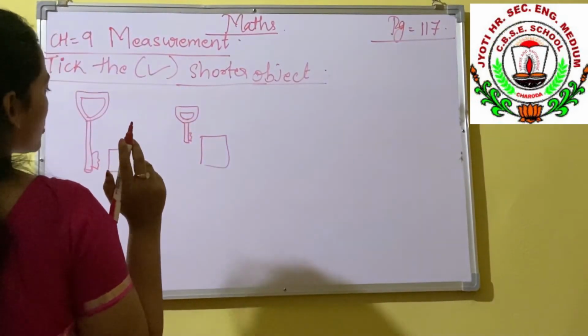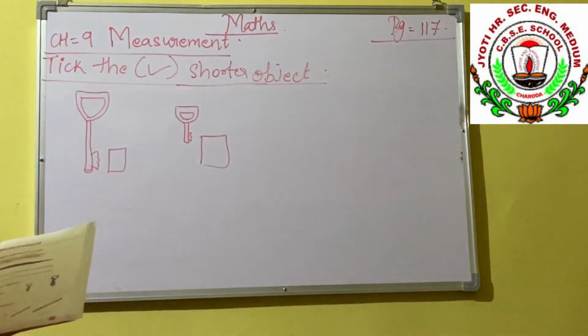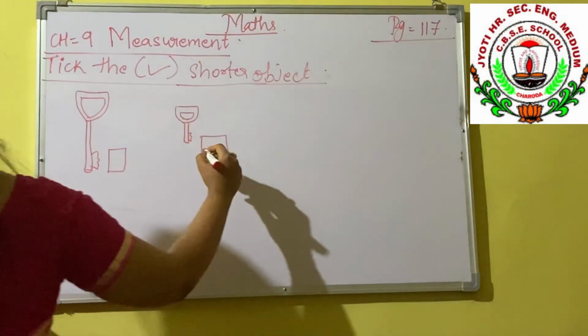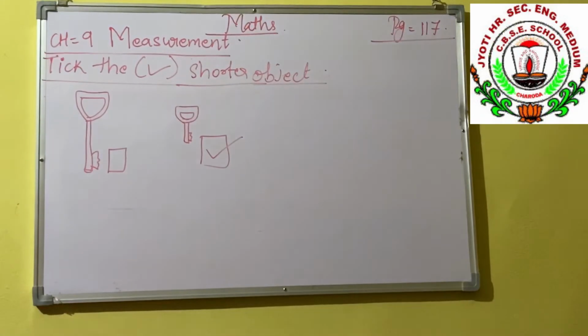We have to take the shorter object, so here the shorter object is this small key. So this is longer and shorter. I am taking only one example, and the others you have to do on your own, students.